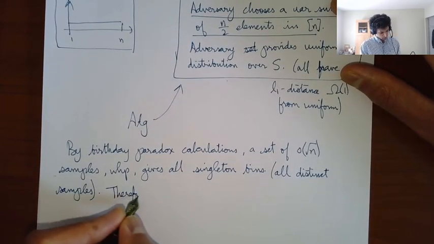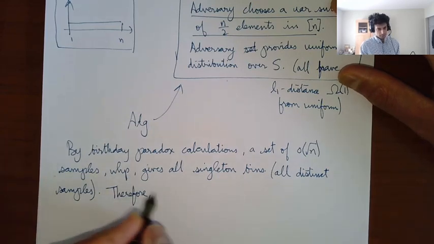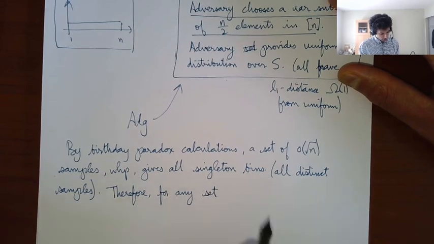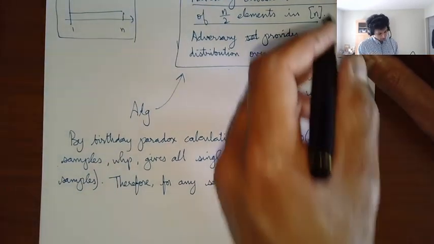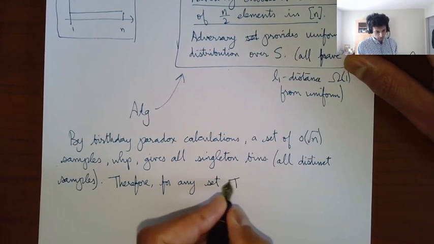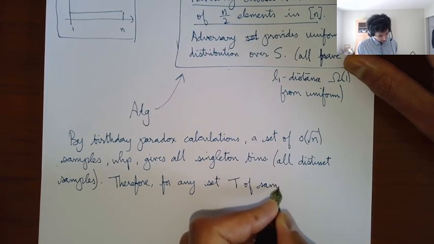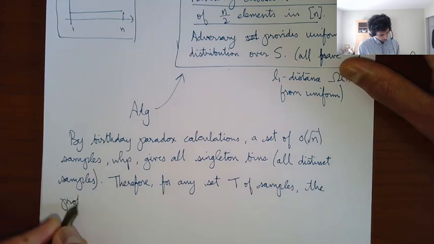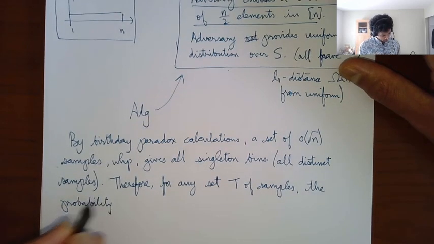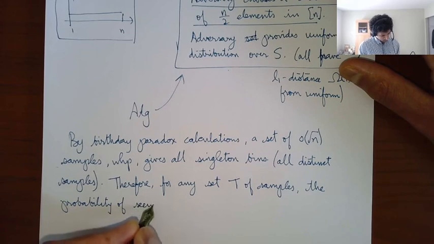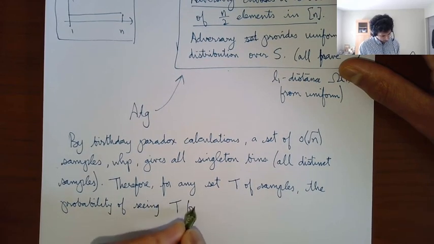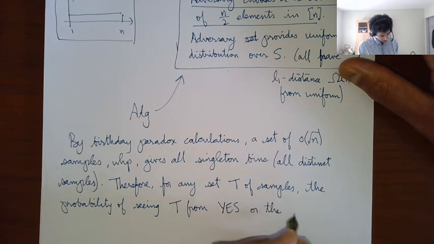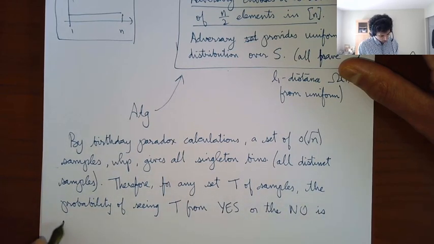Therefore, roughly speaking, for any set of samples, which I'll call T because I used S already, the probability of seeing T from the yes or the no is roughly the same.